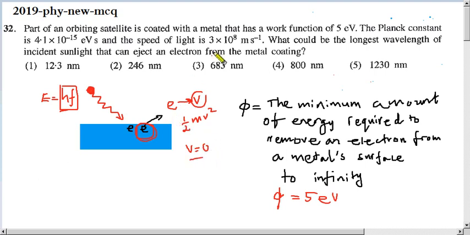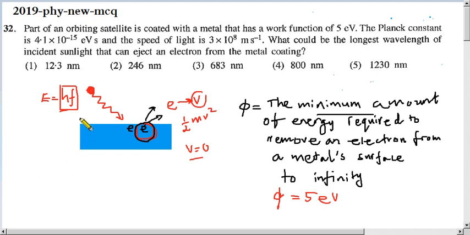That means this electron just liberates from this metal surface without any velocity. So that minimum amount of energy is called this work function. So we can write the equation now.